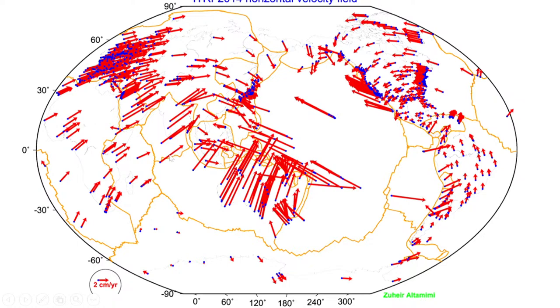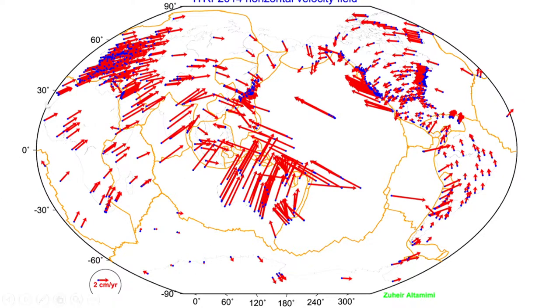A big arrow means the velocity is very high, and a small arrow means the velocity is less. This is the resultant velocity with respect to the center of the Earth. We have used the ITRF, International Terrestrial Reference Frame, to get the absolute velocity of sites throughout the Indian region and throughout the Earth.